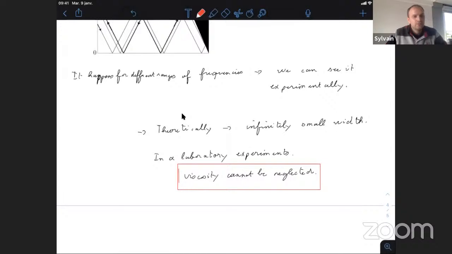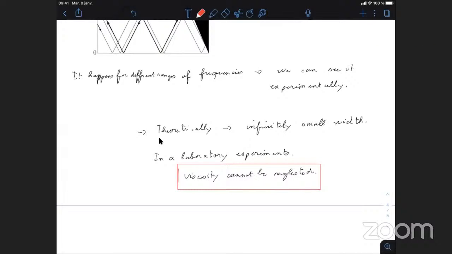So just have a question, is there an analogous of the Schrödinger mechanisms? I'm not sure I understand the question. What do you mean by Schrödinger mechanism? Sangeet, you can unmute yourself and speak if it's possible.